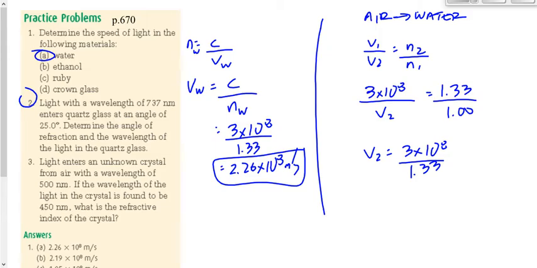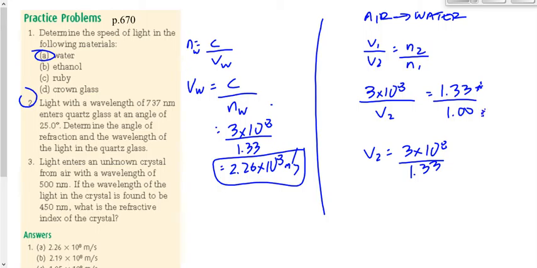The good news is it doesn't require you to remember an equation. This one does. The bad news is this one requires you to kind of, I don't want to say make something up, but it doesn't say you're going from air to water or whatever. You could theoretically say it's going from glass to water, and you'd use the index of refraction for glass right here, and for water right here.